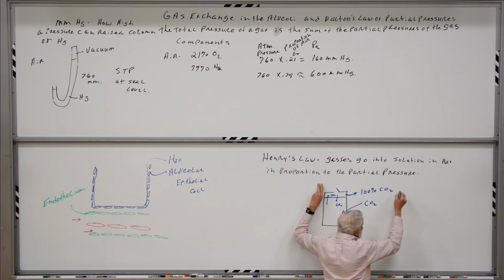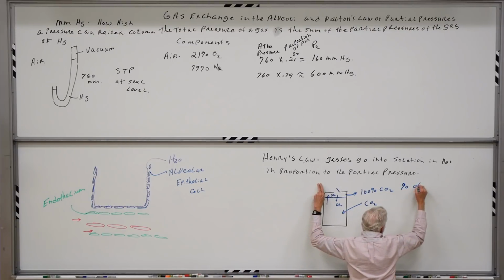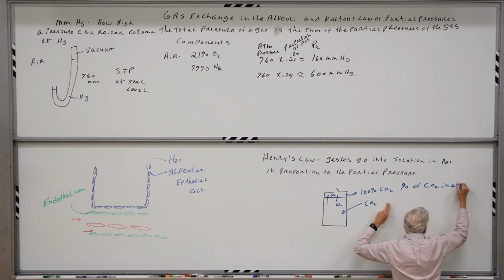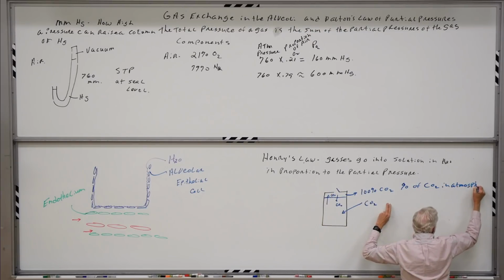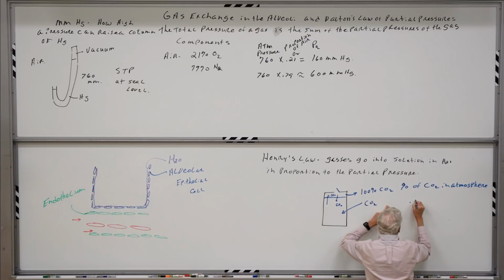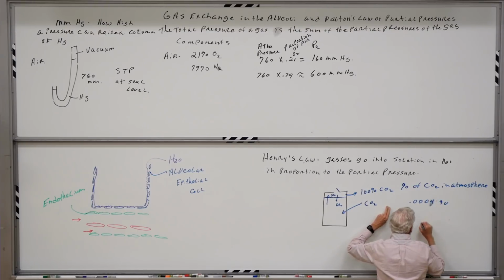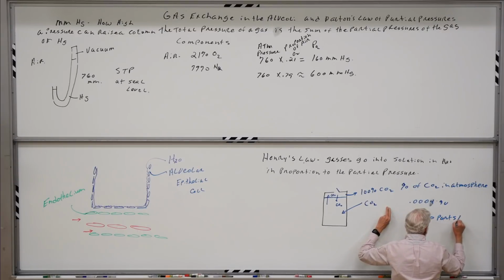Now the percent of CO2 in the atmosphere is 400 parts per million.